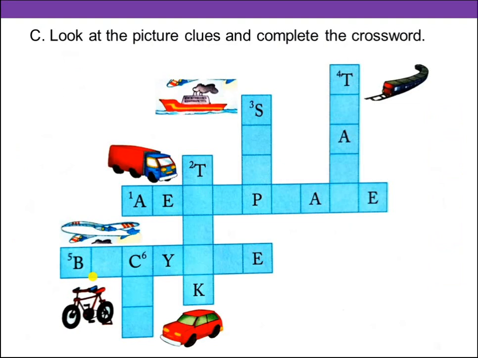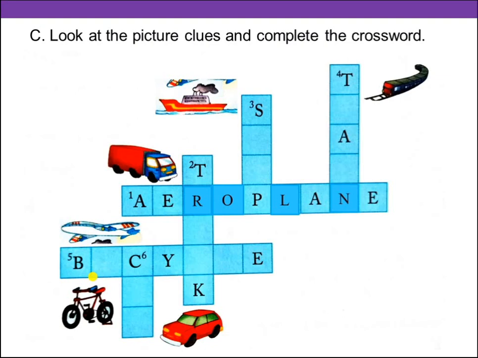Next, let's move on to the C. That is, look at the picture clues and complete the crossword. By seeing the picture, you are going to complete this crossword. The first one, can you guess what is the first word? Yes, that is aeroplane. Did you guess the second word?